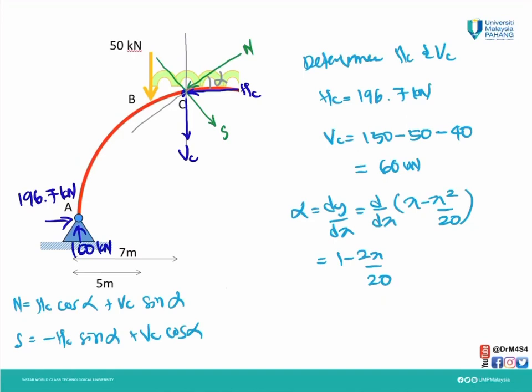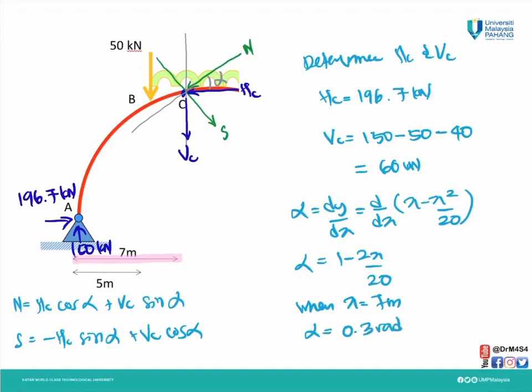We know the position for alpha here is 7 meter from point A. Then substitute x equal to 7 into this alpha. So when x equal to 7 meter, alpha is, substituting 7, 0.3 radian.